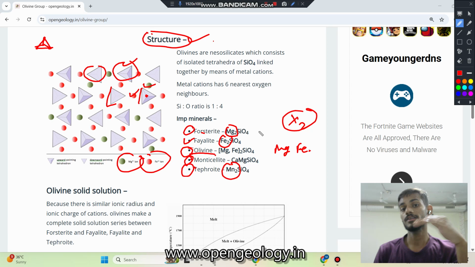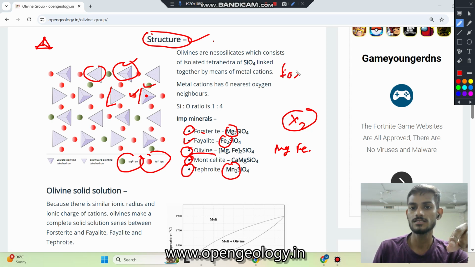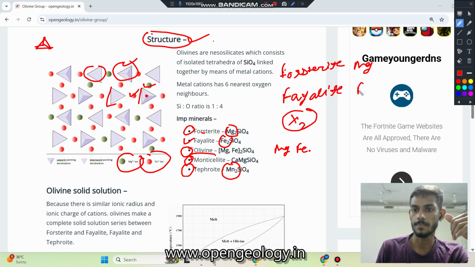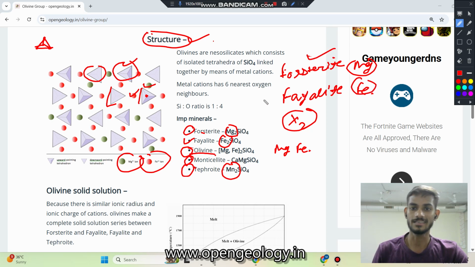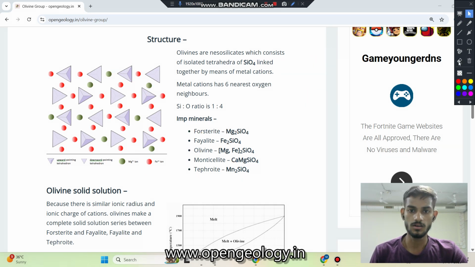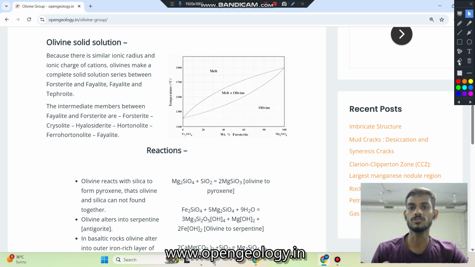Now if we look at the crystallization path, although olivine is the first to crystallize, within olivine, forsterite crystallizes first, that is magnesium rich. Then fayalite, Fe. So Mg-rich forsterite crystallizes first within the olivine, and then fayalite. As you know, magnesium and iron are in a continuous series, meaning magnesium is subsequently replaced by iron to become fayalite.